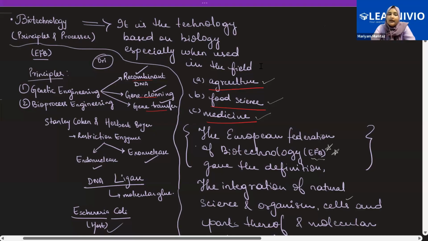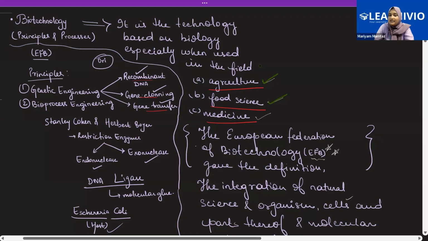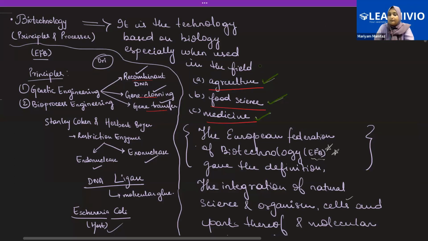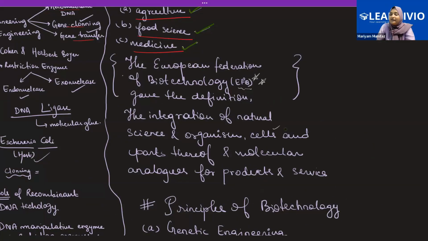So talking about biotechnology, principle and processes. In this chapter, you're going to see how technology is being used in several fields such as agriculture, food science and medicine, the most important one. Now, the European Federation of Biotechnology, abbreviated as EFB, has given the proper definition of biotechnology, wherein it tells us what it actually is.